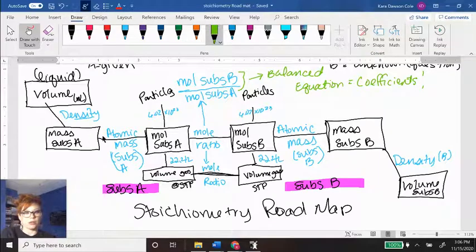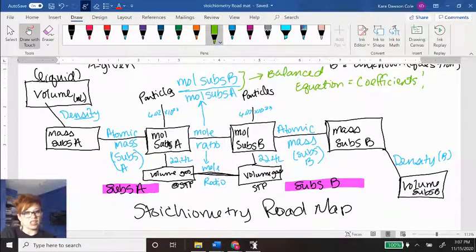We're going to go through the molar mass of potassium chlorate to get to moles of potassium chlorate, through the molar ratio between potassium chlorate and oxygen to get to the moles of oxygen. And then we're going to get from moles of oxygen to volume of oxygen using the 22.4 liters.